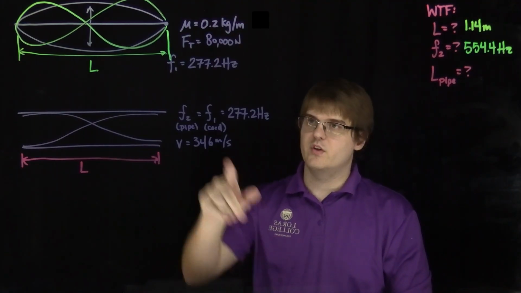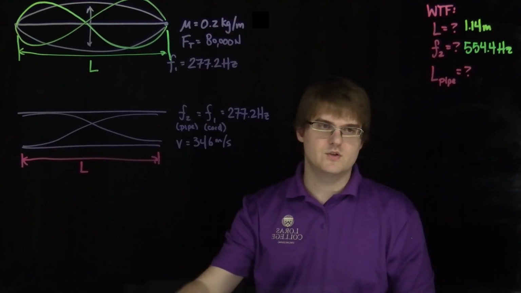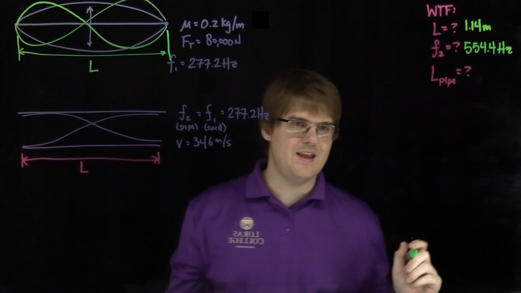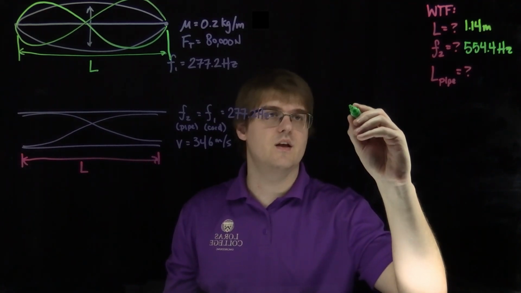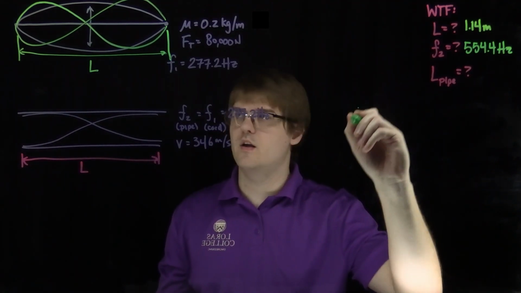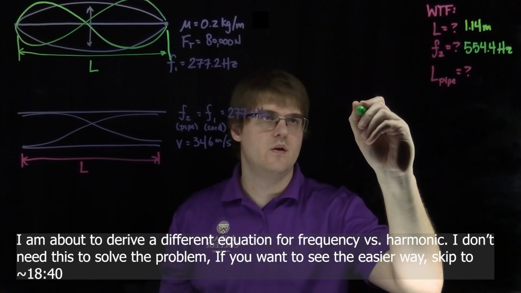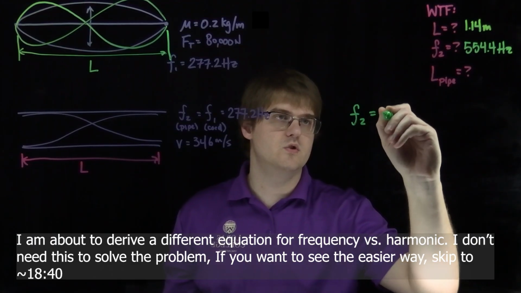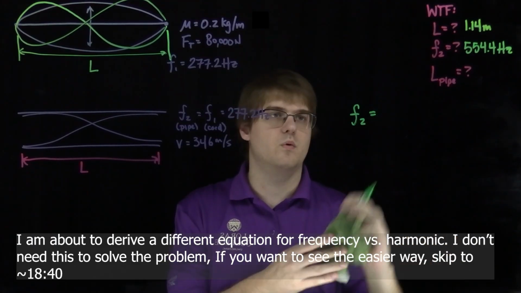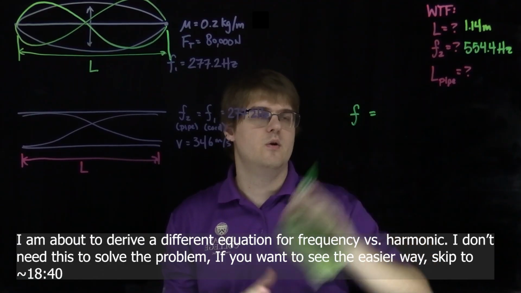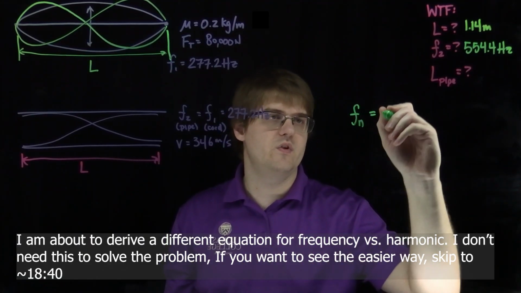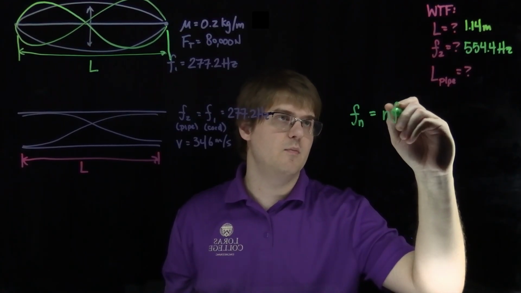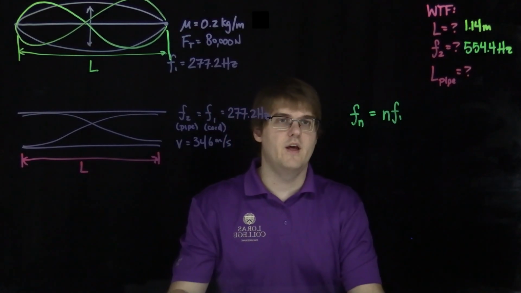So I need to set it up such that frequency 2 is 277.2 hertz in this case. And what I can do here, since I'm talking about my pipe, is put it in general terms: the frequency of the nth harmonic is going to be the harmonic number times the first frequency of that.